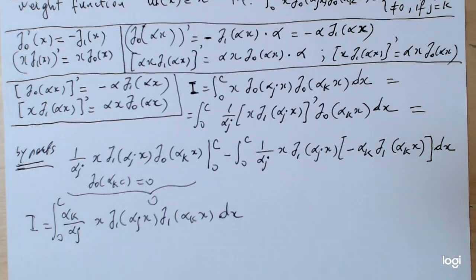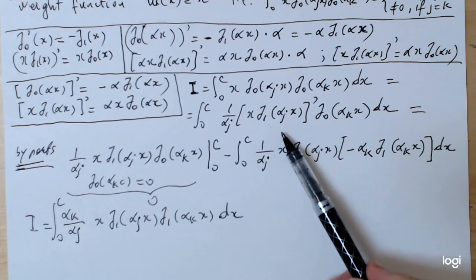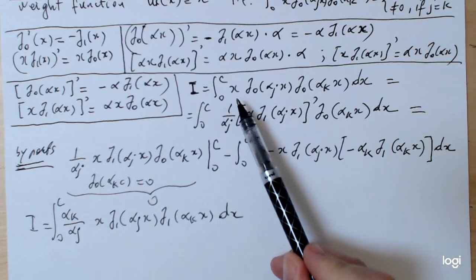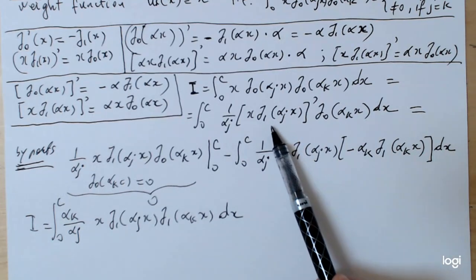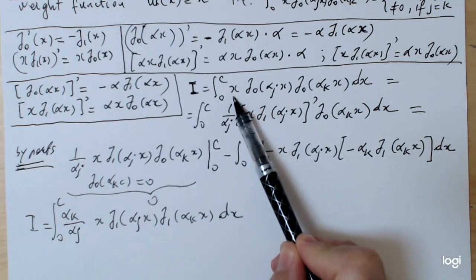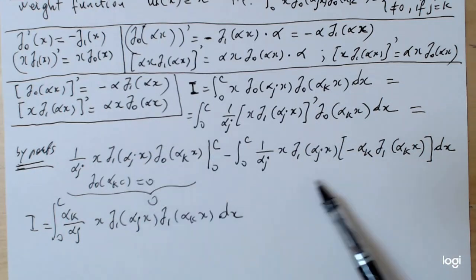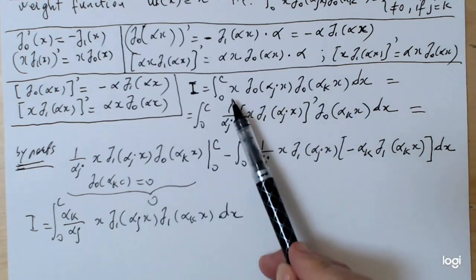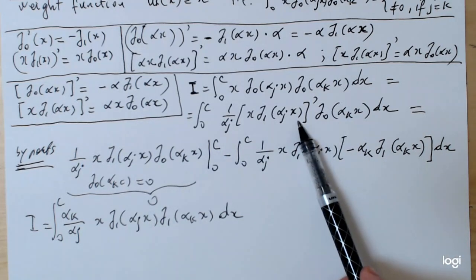So you may wonder now, what's the big deal with this? All right, well, pay attention here. We just did this little trick, this integration by parts, by starting with replacing x J0 of alpha_j x with its derivative format. We could have done the same thing if we paired x with J0 of alpha_k x. So we could do the whole thing all over again, but by writing x J0 of alpha_k x as x J1 of alpha_k x.